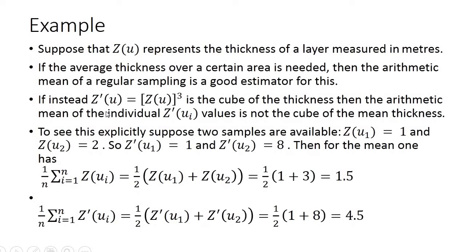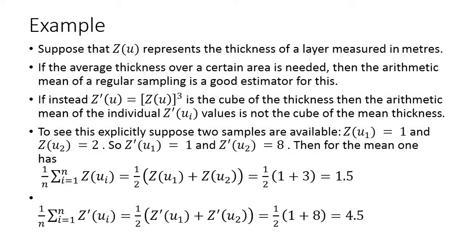Alright, so let's move on to the example. Suppose that Z(u) represents the thickness of a layer measured in meters. If the average thickness over a certain area is needed, then the arithmetic mean of the regular sampling is a good estimator for this.